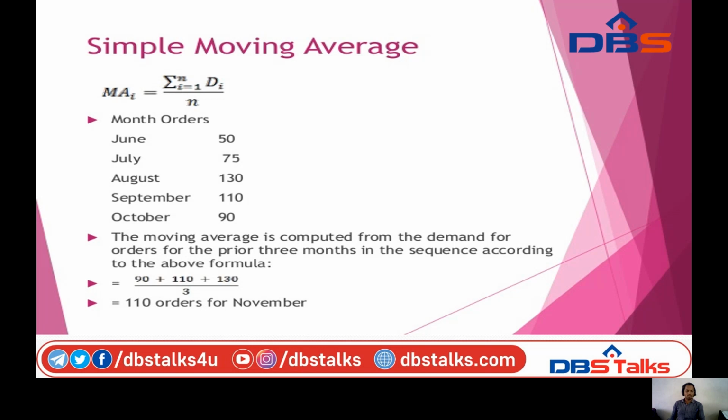Here we are taking the prior 3 months and taking the average: 90 plus 110 plus 130 divided by 3. Since we are taking a 3-month average, we divide by 3.